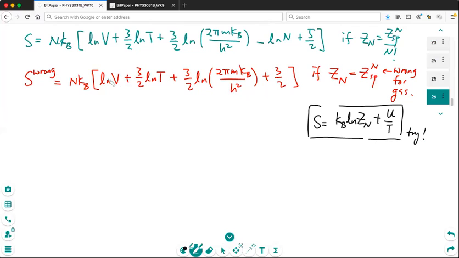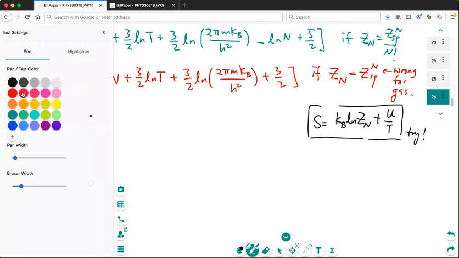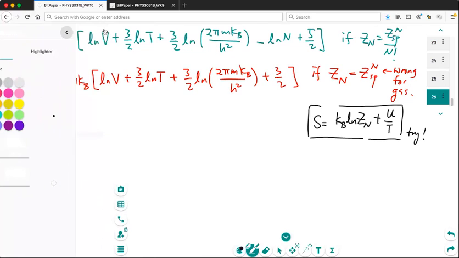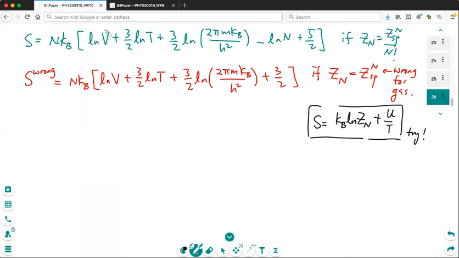And why is this wrong? Now the reason is this. I think you have seen something like this in the midterm. If you do it correctly, then the correct expression must respect the fact that entropy is an extensive quantity.